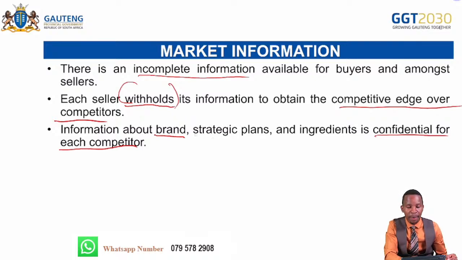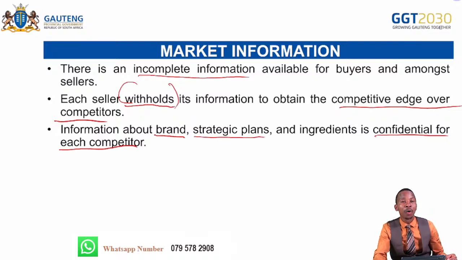And then strategic plans that can be used by the firm are also kept as a secret in order to ensure that competitors are not getting access to these strategies or plans, for the firm to continue winning over its consumers and also ensuring consumer loyalty within the market. Ingredients, especially in the fast food industry, are kept very, very safe.